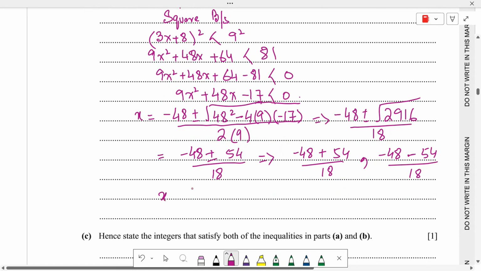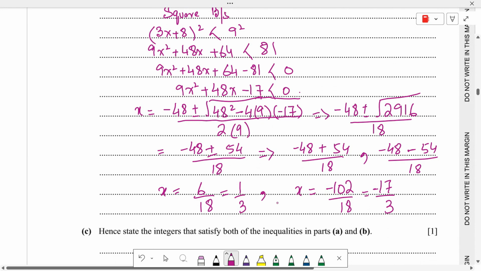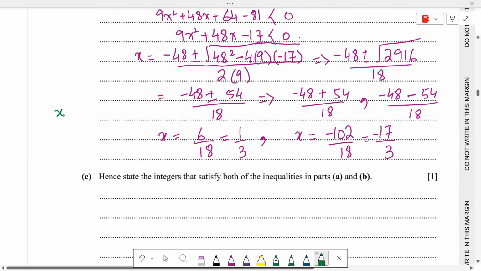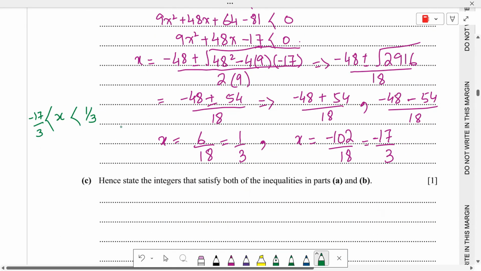So x is equal to 6 over 18, which is 1 over 3, and the other value of x will be negative 102 over 18, which is negative 17 over 3. So we can say that x will be less than 1 over 3 and greater than negative 17 over 3. So this is the solution of this inequality.